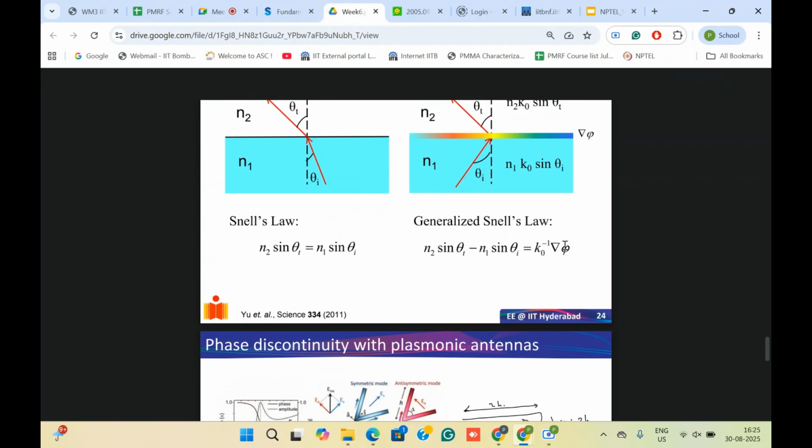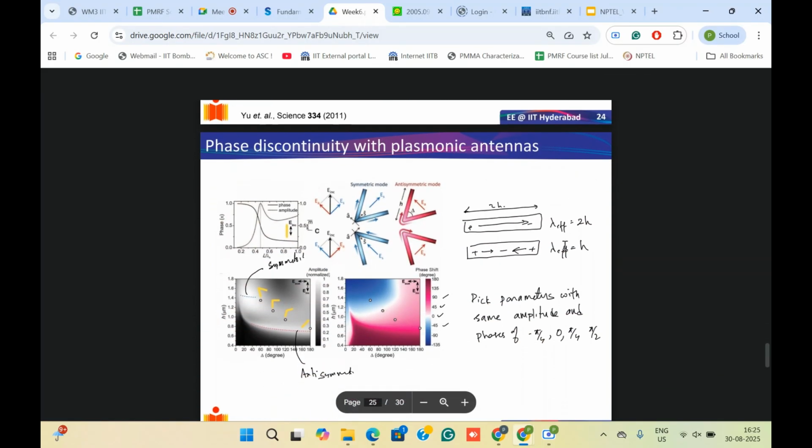There are various examples for this, like how can we create a phase discontinuity with the plasmonic antennas. Initially we considered a single rod, then if we bend this rod, we can have two modes, a symmetric mode and an anti-symmetric mode.